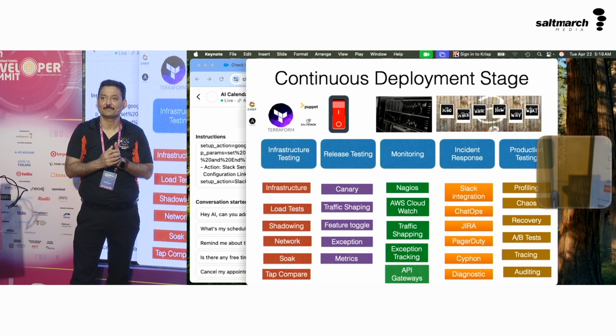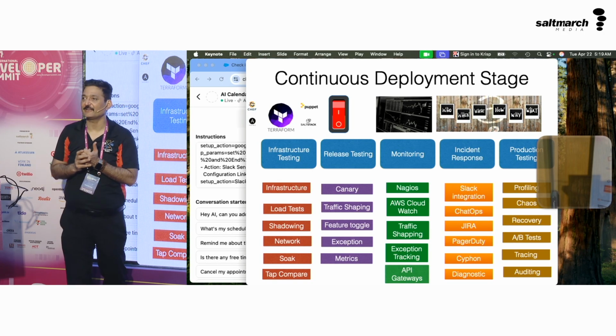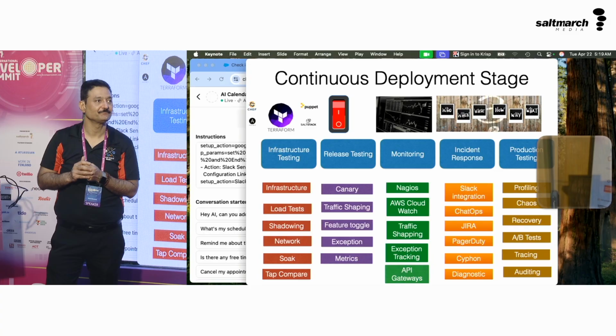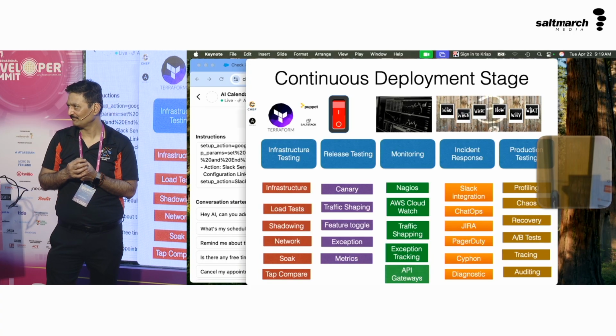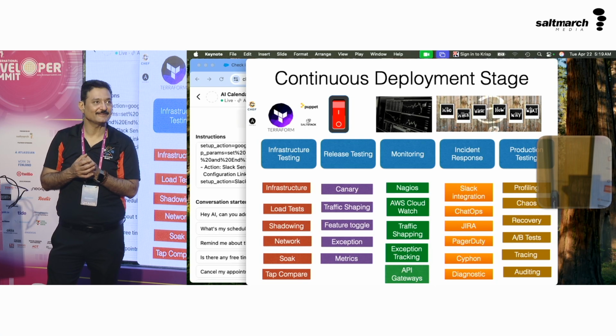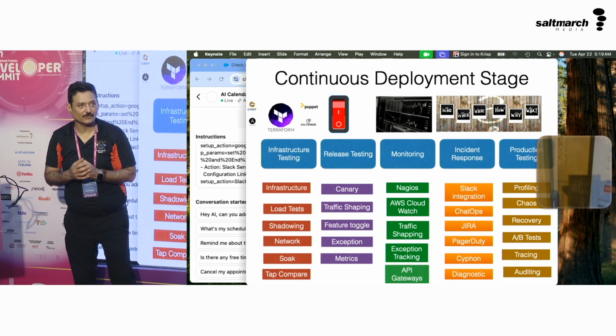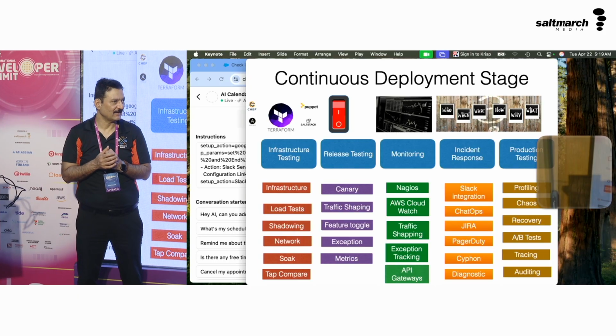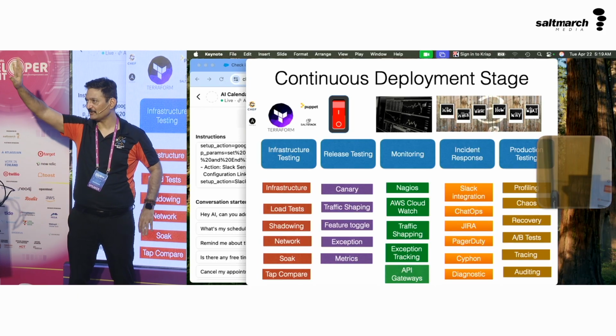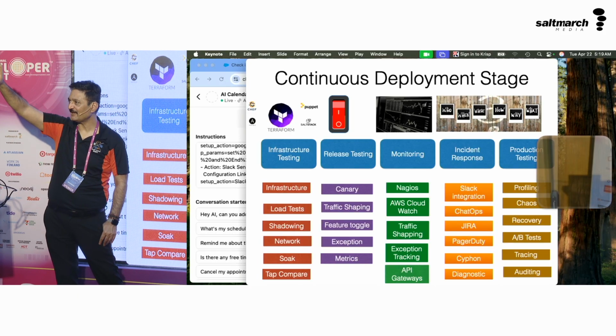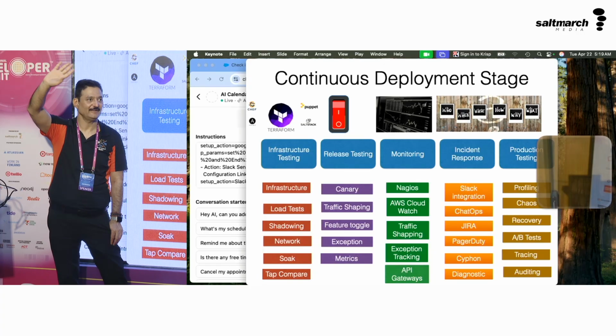Traffic shaping. Why is traffic shaping important? Anyone? Why traffic shaping? Now, if you're working on any project, an e-commerce system, anybody here from e-commerce? Yes. So which API is most important in an e-commerce system?